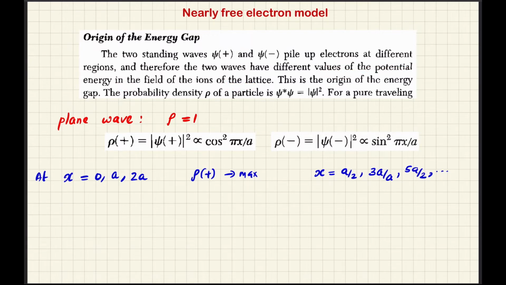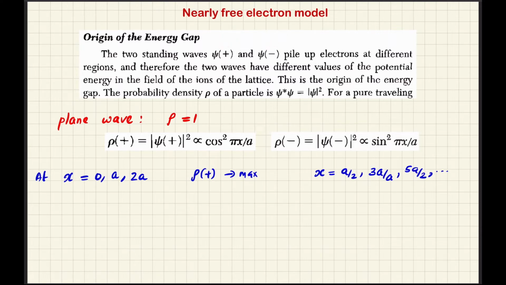In the presence of the positive ion core, these two wave functions will have different energies, because psi plus accumulates the electrons in some region, and psi minus accumulates the electrons in other regions. These different accumulated electrons interact with the periodic potential in a slightly different manner. So this will create an energy gap between these two wave functions.